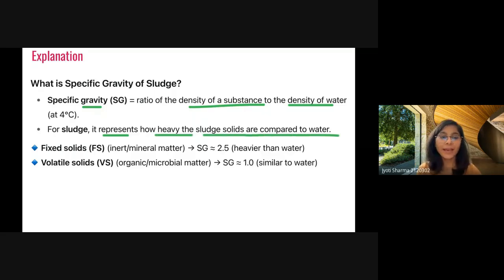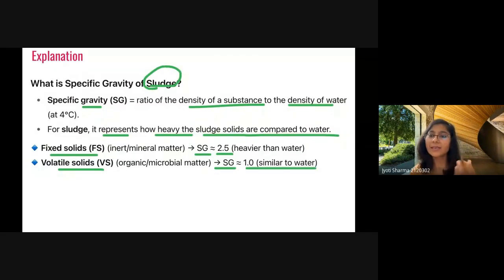If we have more fixed solid, then the sludge will have a specific gravity near 2.5. But if we have more volatile solid in the sludge, then your specific gravity would be similar to water, or you can say 1.